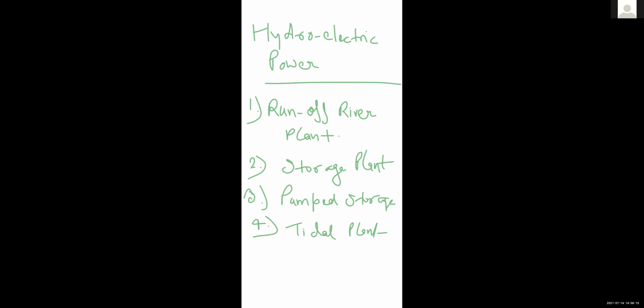Next is the pumped storage. What is pumped storage and which scheme is used in a pumped storage plant? Generally a pumped storage plant generates power during peak hours, but during off-peak hours, water is pumped back from the tail water pool to the head water pool for future use. The pumps are run by secondary power from some other plant in the system.